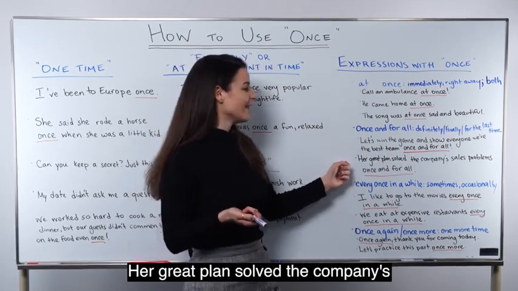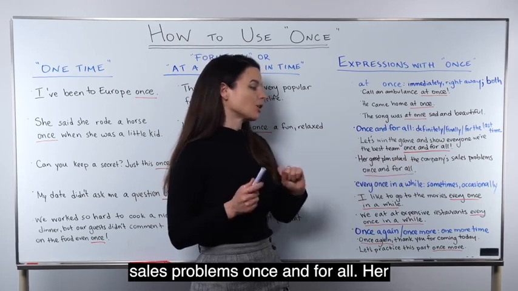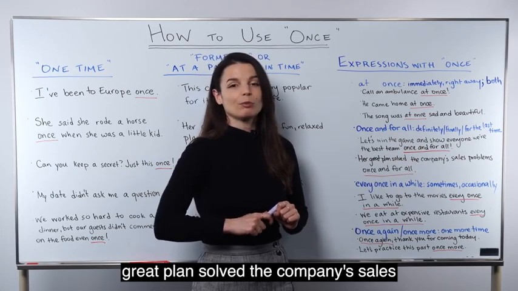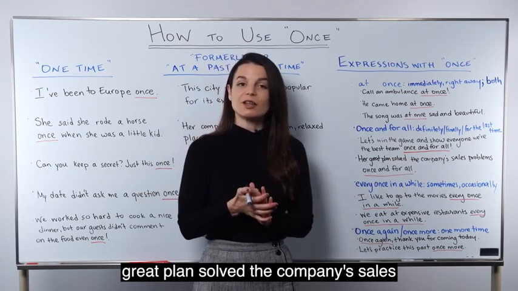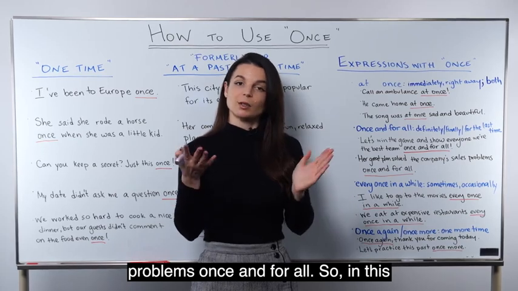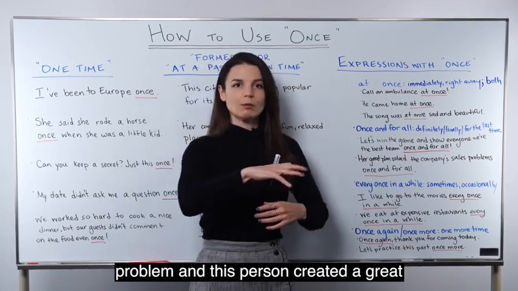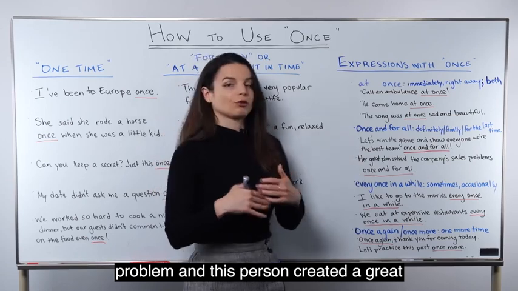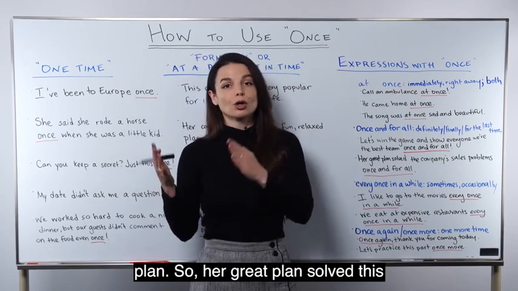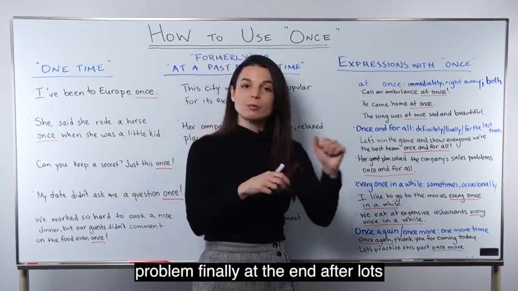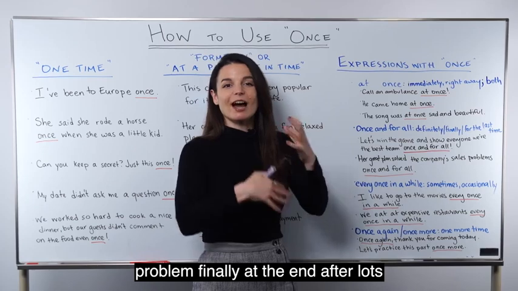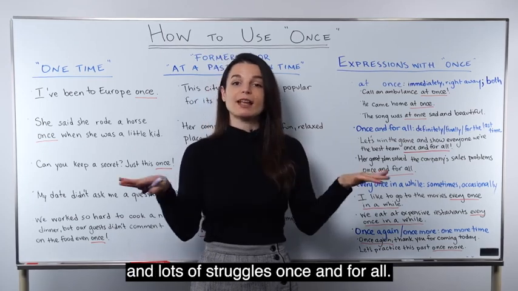Her great plan solved the company's sales problems once and for all. So in this example sentence, we know the problem. The company has some kind of sales problem, and this person created a great plan. So her great plan solved this problem finally, at the end, after lots and lots of struggles, once and for all.